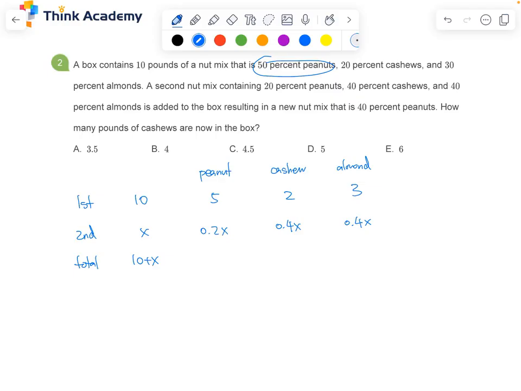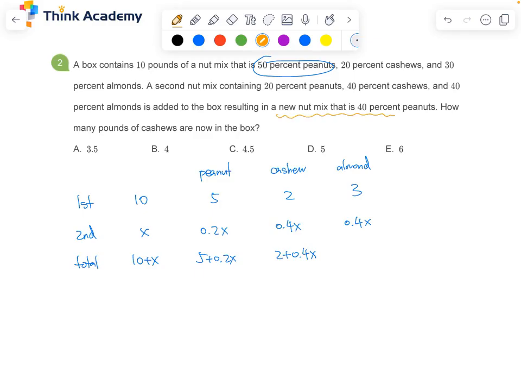Okay, and then in the total, I can see that the total weight of peanuts would be 5 plus 0.2x, and that of cashew would be 2 plus 0.4x, sorry. Okay, and then we also have this condition.